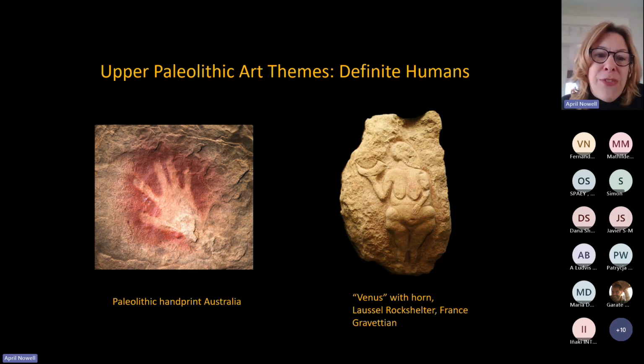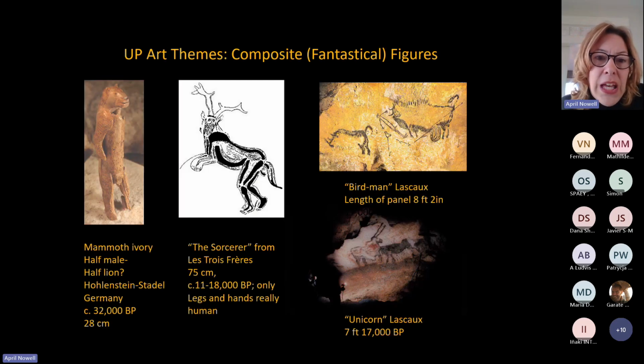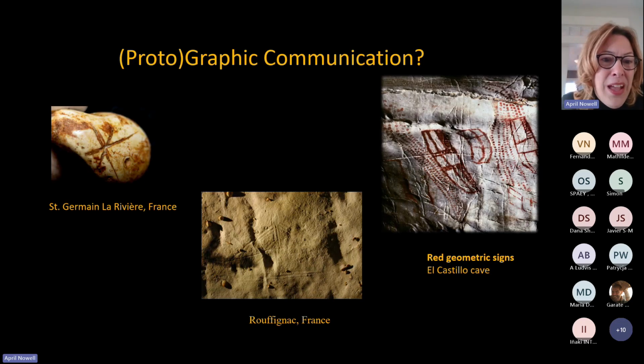And then, of course, we have humans, both in terms of handprints and human figures, again, in parietal art, as well as in the portable art, as in a variety of figurines. And we have fantastical creatures that are some sort of combination of human and animal, or an image of a creature that is unknown today.